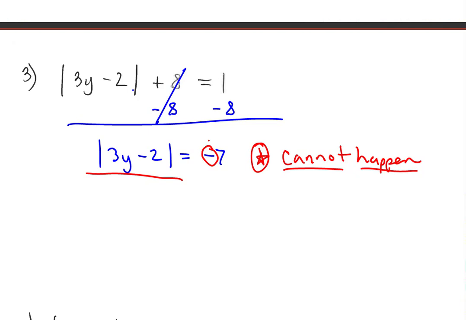But remember, the definition of absolute value is that it will turn whatever's inside of it into something positive, whether it starts positive or negative inside of it. And so it will never be equal to a negative 7, like this one is supposing. Since that is the case, we don't have to go through any splitting or anything else. We would just say there's actually no solution to this equation, so we can just use the symbol for no solution or write it out, but there's no way that this could happen, so no solution is our answer.